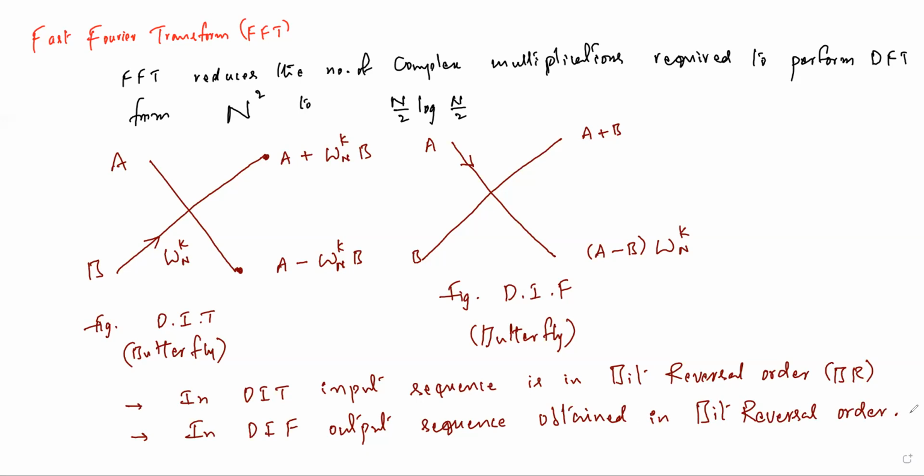And the same notation follows here also. X of k you will get as x complex conjugate of N minus k, where N is the length of the sequence, whether 4-point or 8-point, whatever.